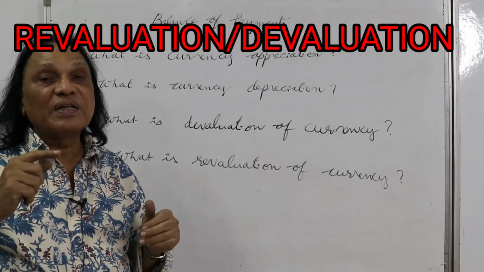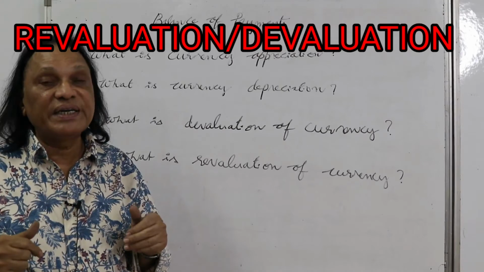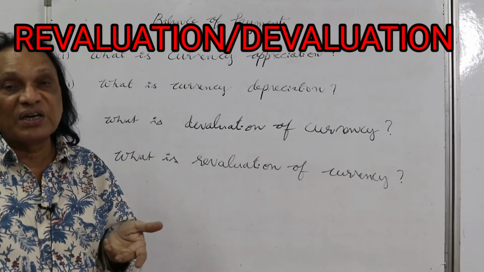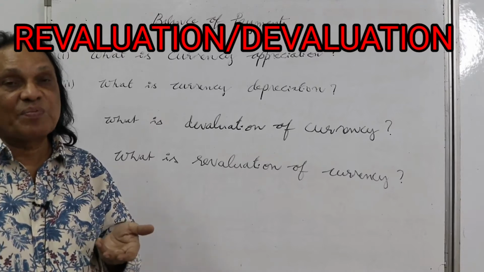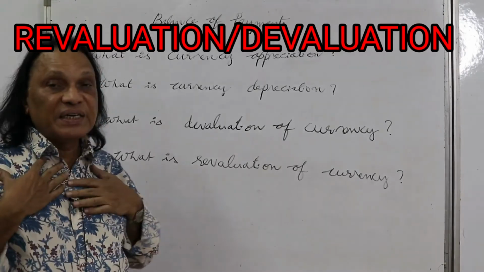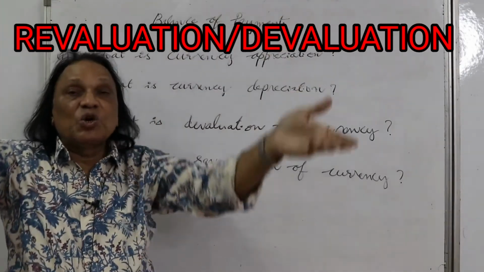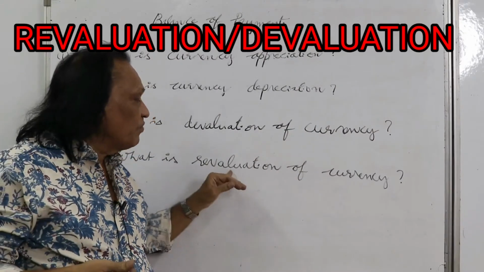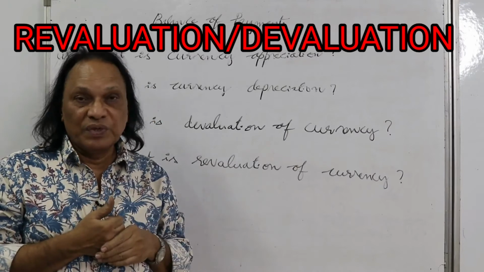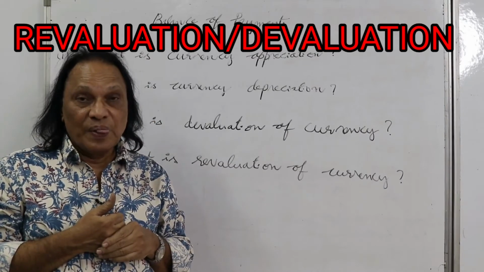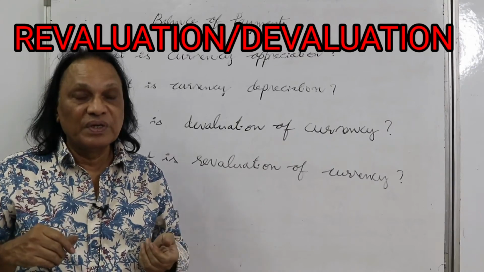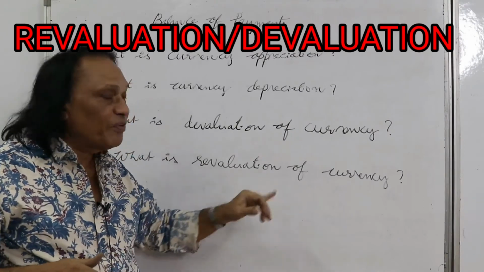If the monetary authority or RBI or the central bank deliberately increases the value of our currency in terms of other currencies or foreign currencies, we call it revaluation of our currency. That means we have to pay them less rupees to get a dollar. Revaluation.